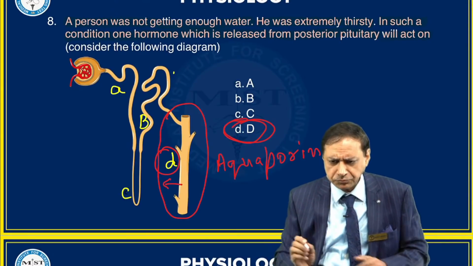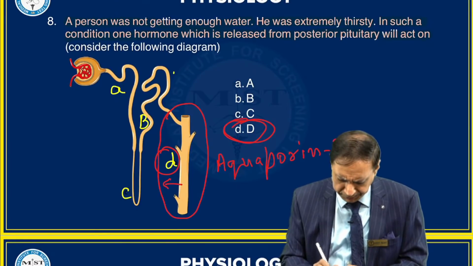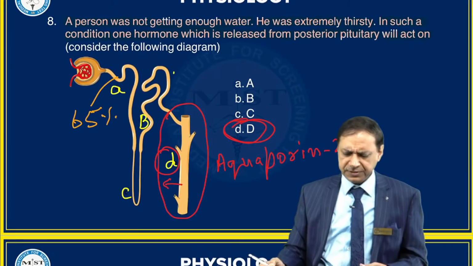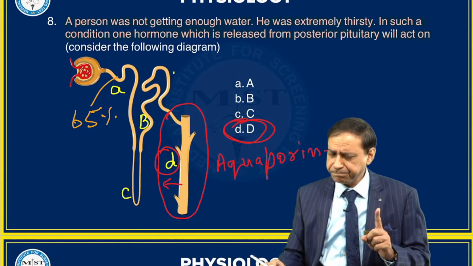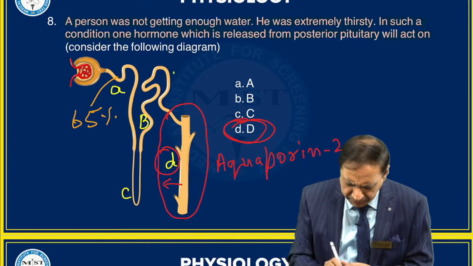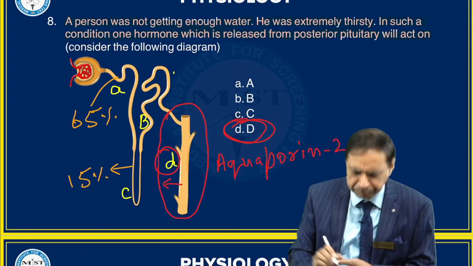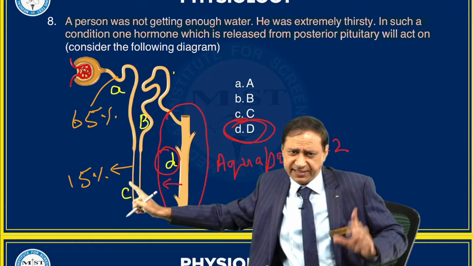Is that okay? Don't be confused. 65% of water is reabsorbed from the PCT. 15% is reabsorbed from the thin descending limb.